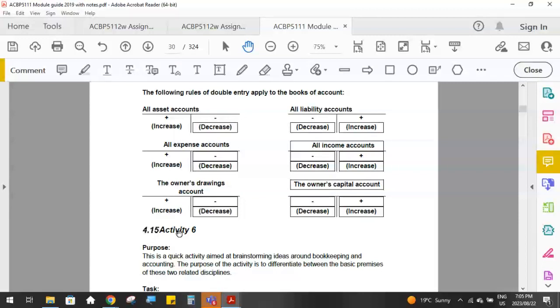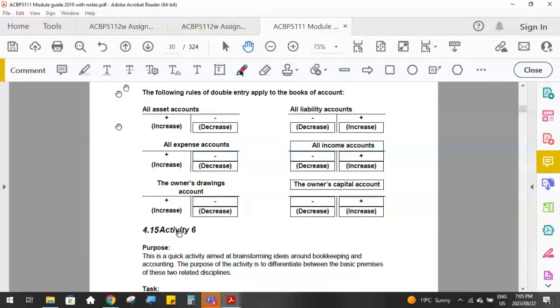And then on page 45, you've got the description of the T account that I showed you a minute ago. And then on page 46 and page 47, you have got the description of what is on the screen at the moment, which is basically the different accounts that we've already discussed, assets, expenses, and drawings, and capital, income, and liabilities. When do we credit them and when do we debit them?